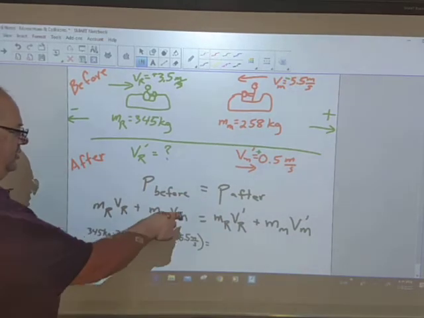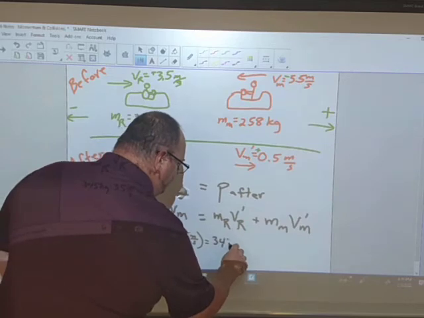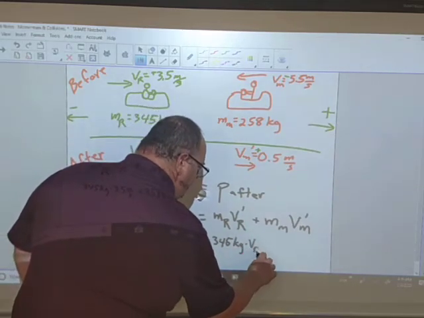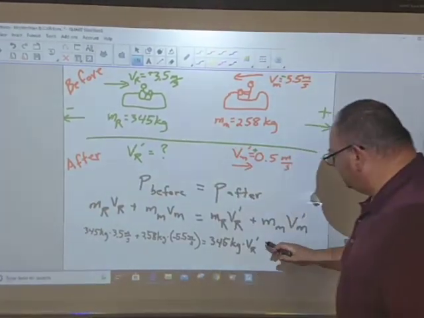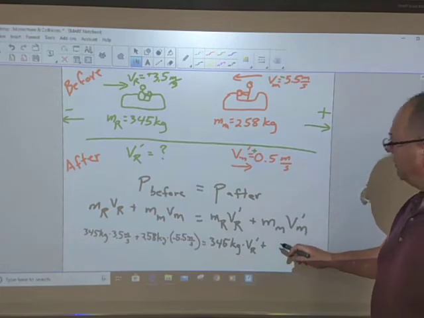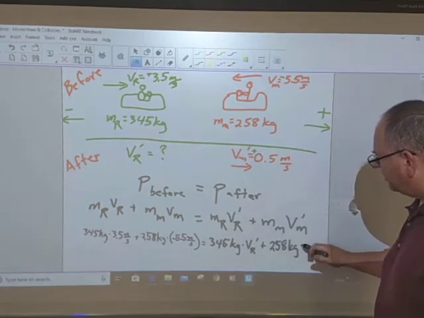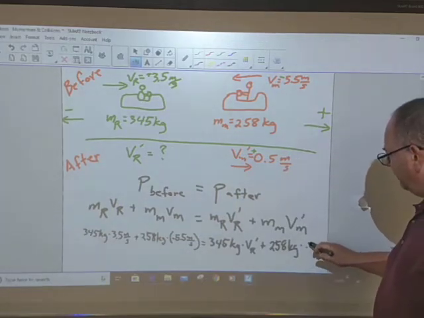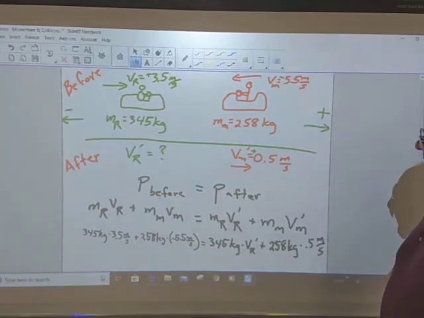Okay, so over here, we've got the mass of Rupp's car, 345 kilograms times VR prime, I don't know it, plus the mass of Mary's car, 258 kilograms times her new velocity, which is 0.5 meters per second. All right.